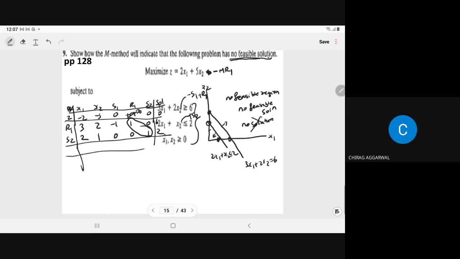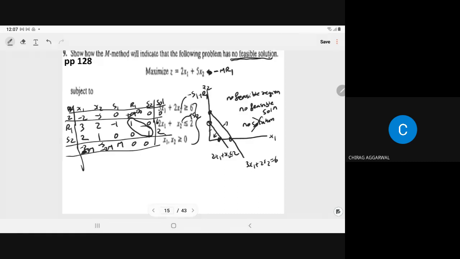So it will become -2 - 3M, -5 - 2M, and this will become M, this will be 0, this will be 0, and it will be -6M.